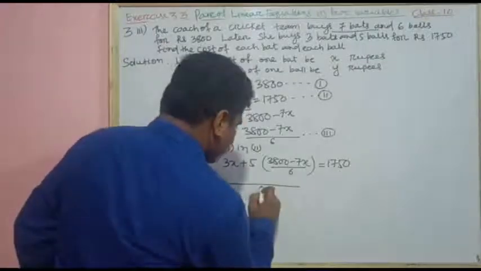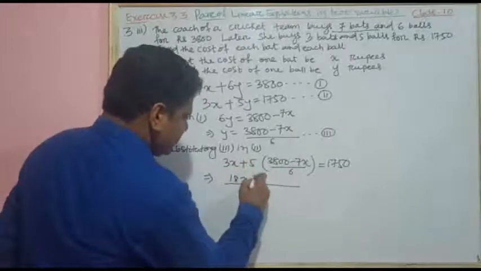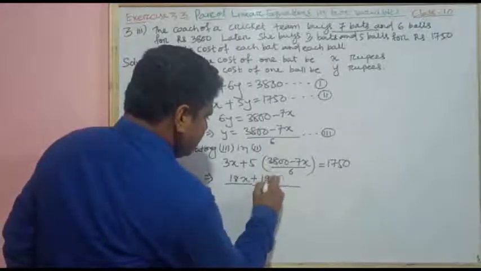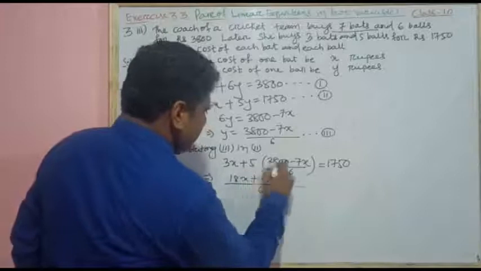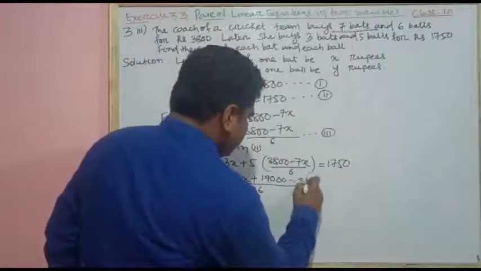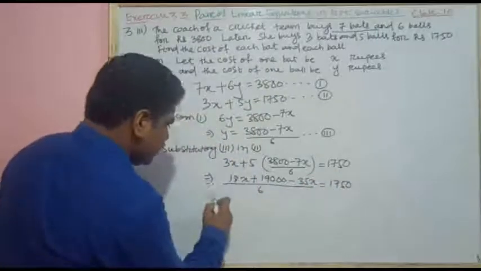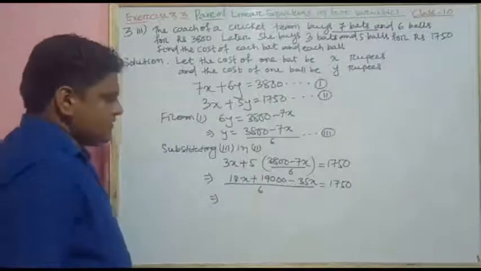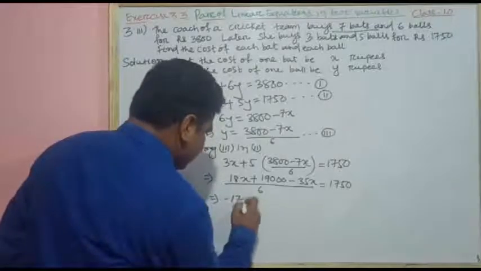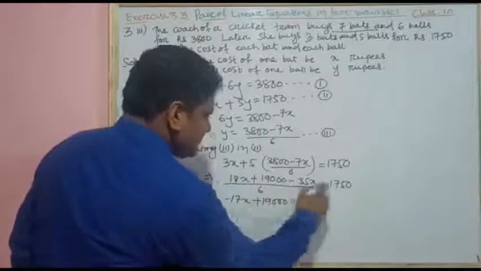So whole divided by 6. 6 into 3 is 18, x is x, plus 5 into 3800, it will be 19000, minus 5 into 7 will be 35x, is equal to 1750. 18x minus 35x, it will be minus 17x plus 19000 is equal to 6 into this much.